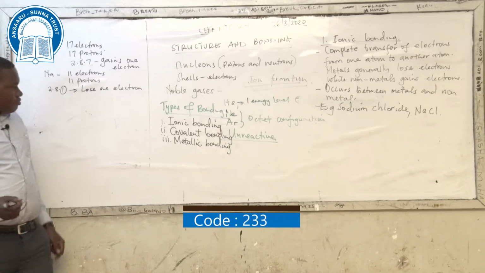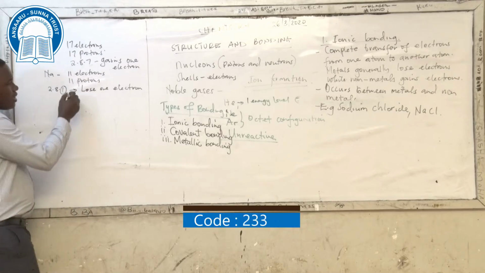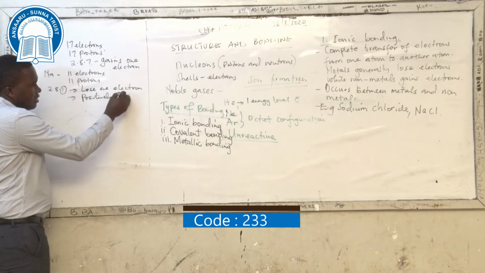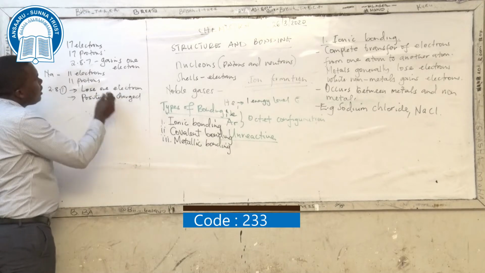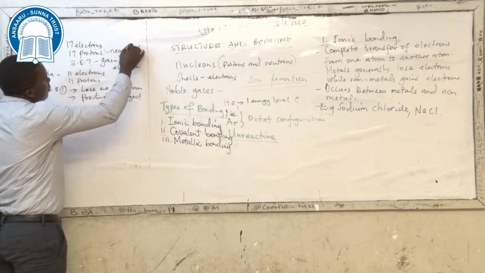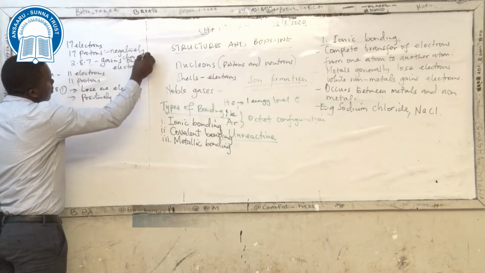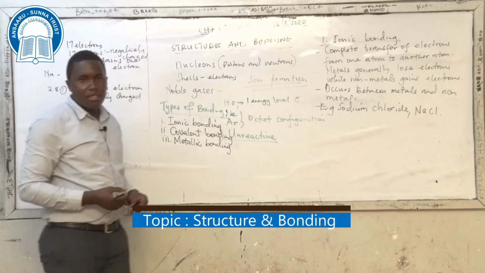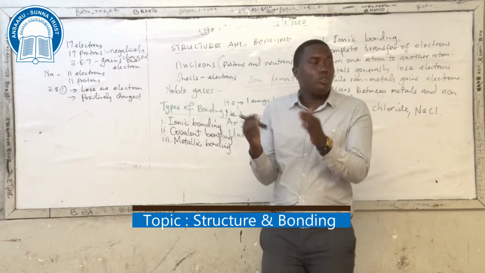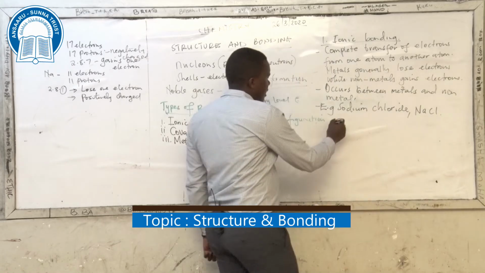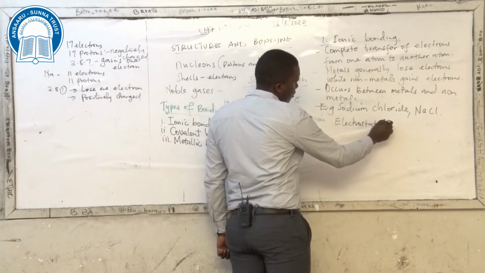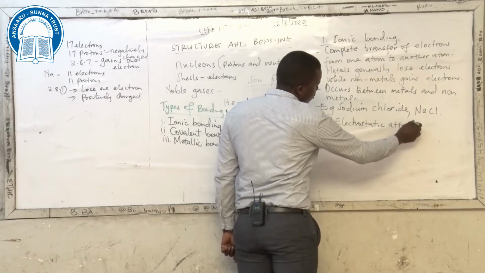Remember, when sodium loses one electron, it becomes positively charged, while chlorine becomes negatively charged when it gains an electron. So the opposite charges are what will now bring what we call the electrostatic attraction.